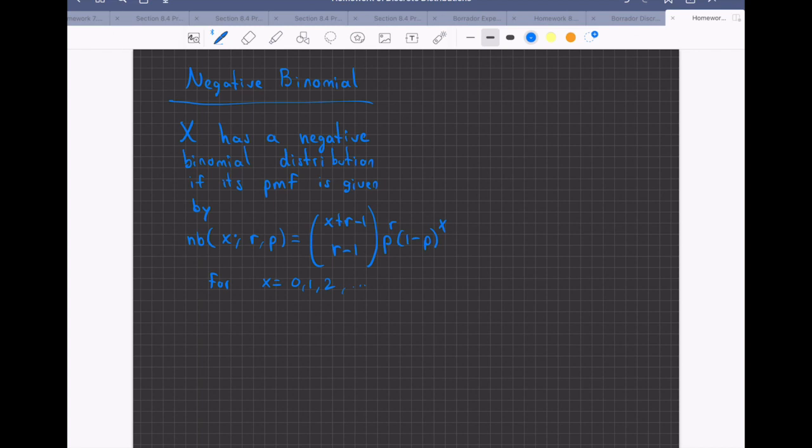And what is this for? Noted the name, negative binomial, and before we saw binomial. So is this related to the binomial distribution? Yes, it is.